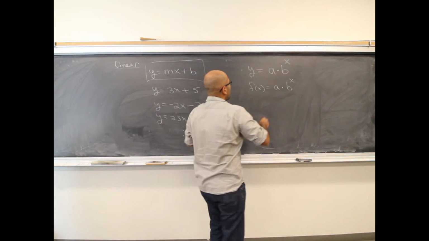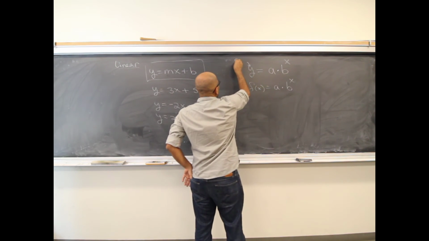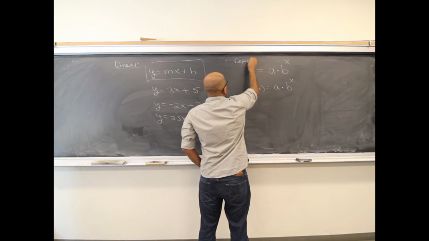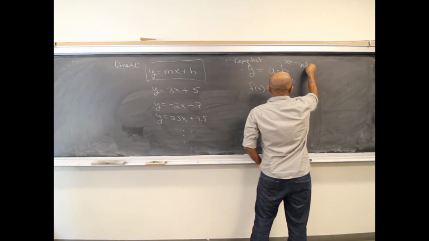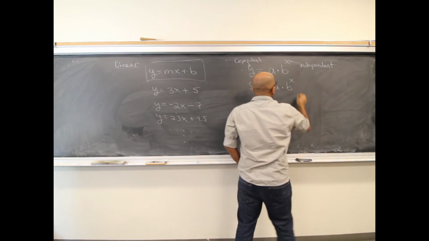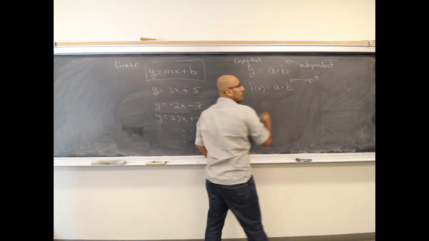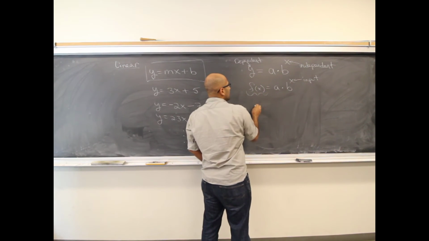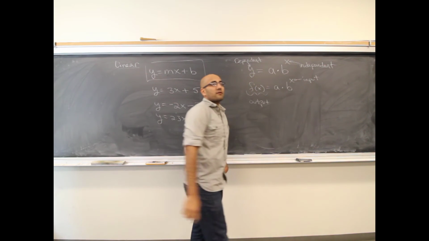So keep in mind that we still have y as the dependent variable, and the x is still the independent variable. So also we can think of it as the input. This is the value we are inputting into our equation, and this out here represents the output, the answer when we input a particular value.